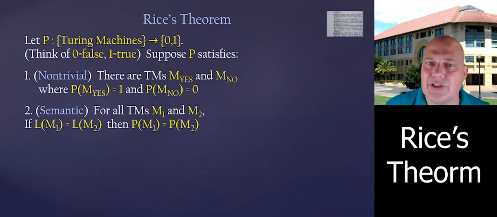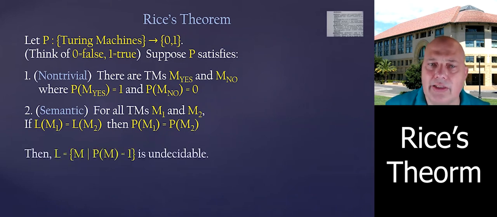This is a more interesting property. And then what Rice's theorem is going to tell us is that L, which is the language of these Turing machines M such that this property holds, is undecidable.